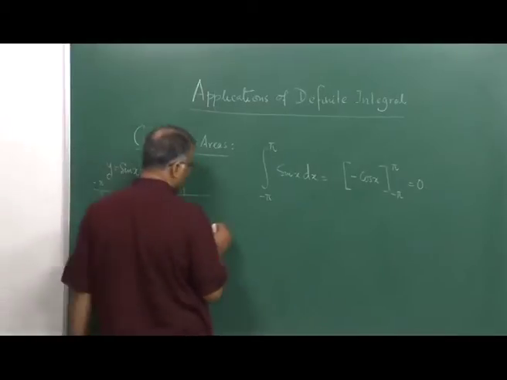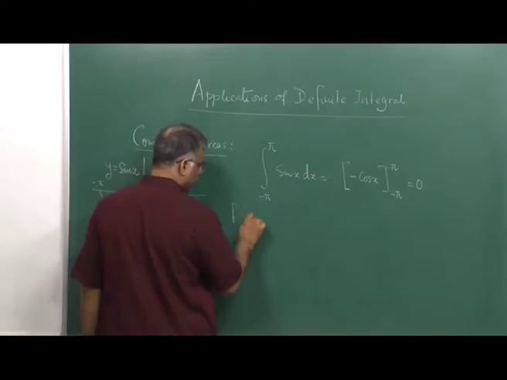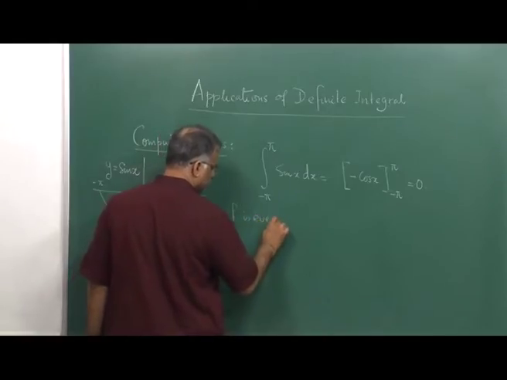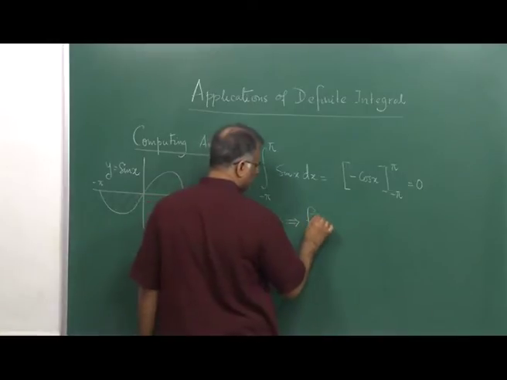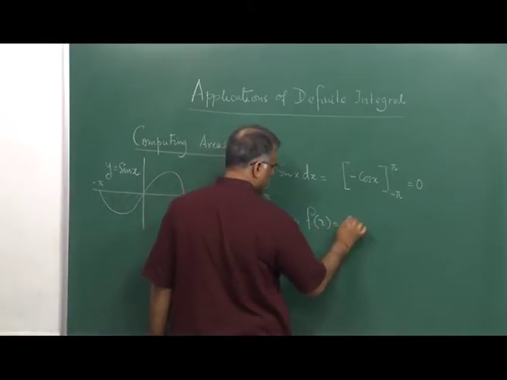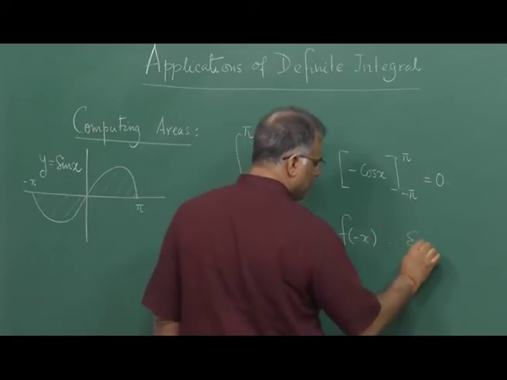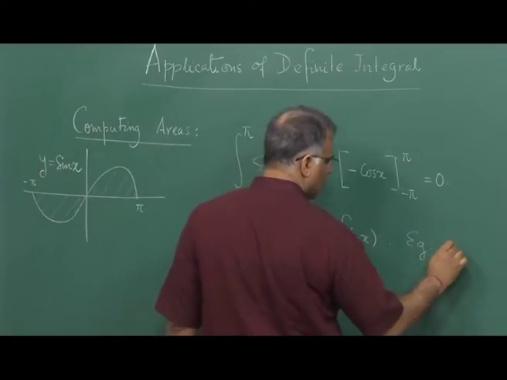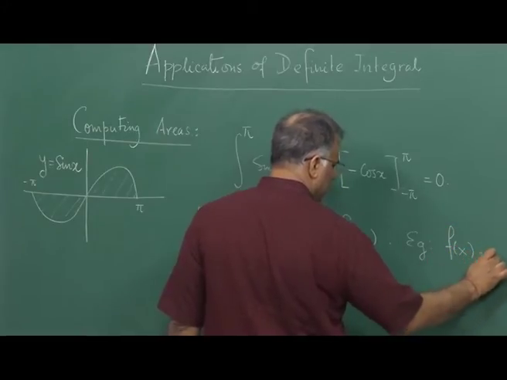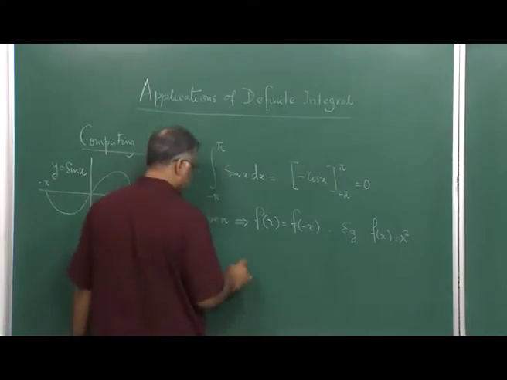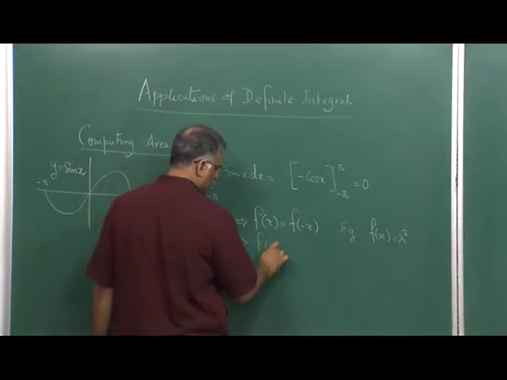There are two classes of functions called even and odd. So, f is even if f of x is the same as f of minus x, for example, f of x is x squared.